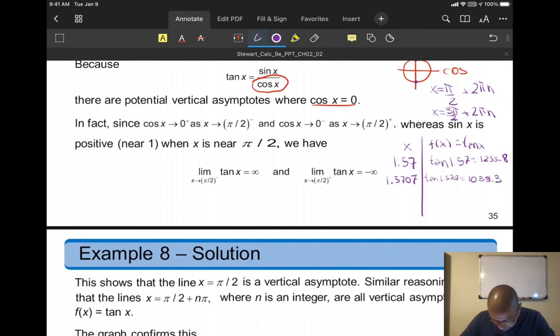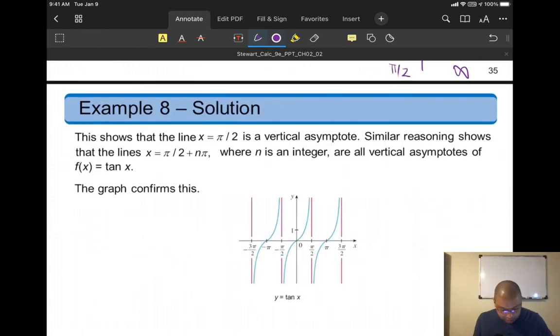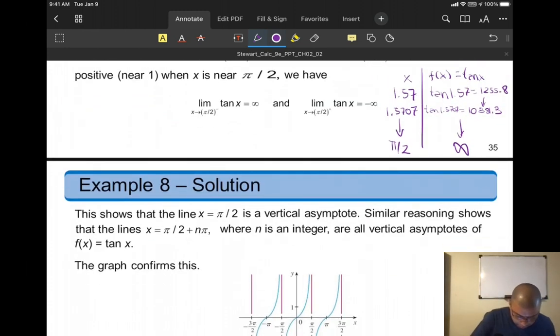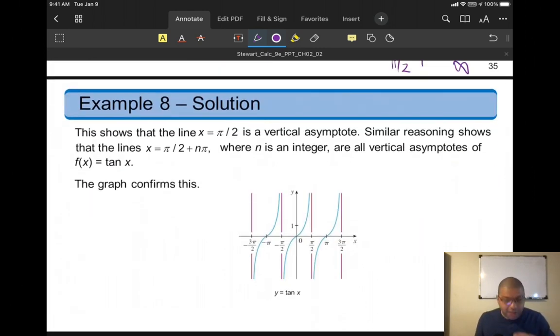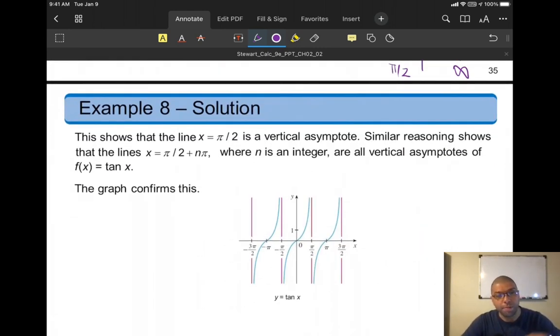So that's much larger. You're going to see that the more decimal places of pi over 2 you use, the larger this gets. So this is getting larger and larger as x gets closer and closer to pi over 2. So it is fair to say that the limit is infinity, and therefore you have asymptotes at pi over 2, at minus pi over 2, and everything else.